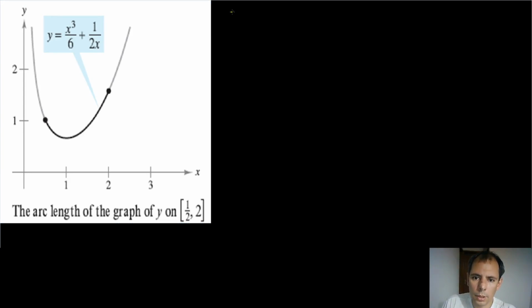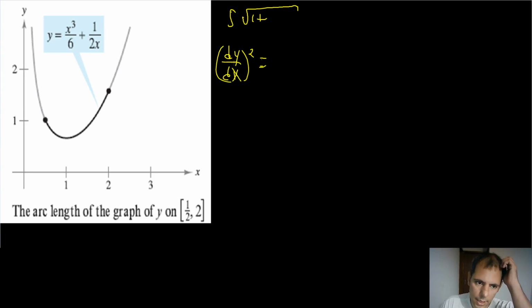The formula of the arc length is going to be the integral of the square root of 1 plus (dy/dx) squared, right? Well, dy/dx is going to be 3x squared divided by 6 plus 1/2 times x to the minus 1, so it'll be x to the minus 2.